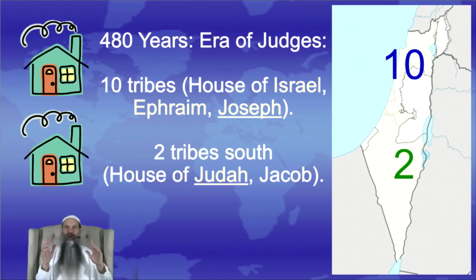Now, we're going to see some very important things about this that, again, pertain to Judah and Joseph. So we're going to see 2 tribes in the south. It's going to be the tribe of Judah and the tribe of Benjamin. They're very important tribes, and some also number Levi in with them because that's where the temple was. But then in the north, we're going to see 10 tribes. We're going to focus on them for a little bit.